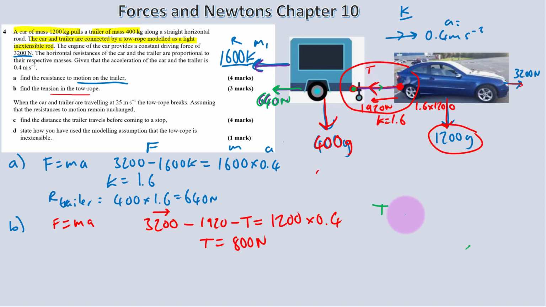We treat tension as the opposite way, and you can also write tension minus 640 this time, because we're using the trailer as the model. So imagine there's a resistance force going 640, then the tension here is going to act the other way. So you're going to have T minus 640 is going to equal 400, that's the mass of the trailer, times 0.4, and you have to start using the trailer instead.